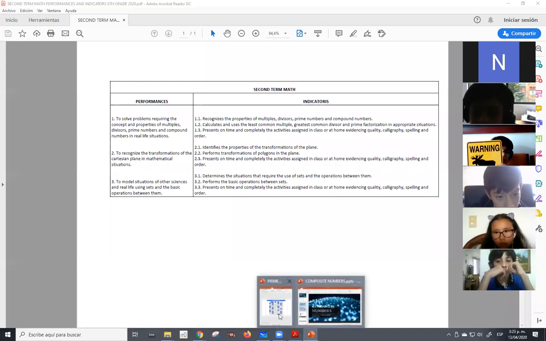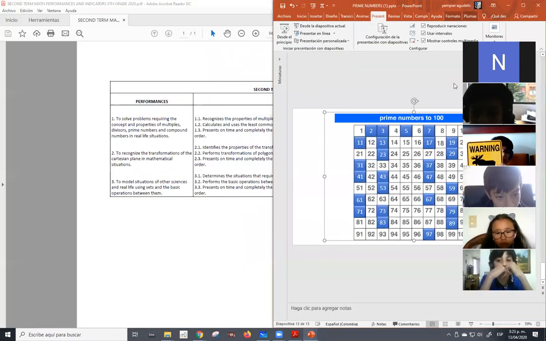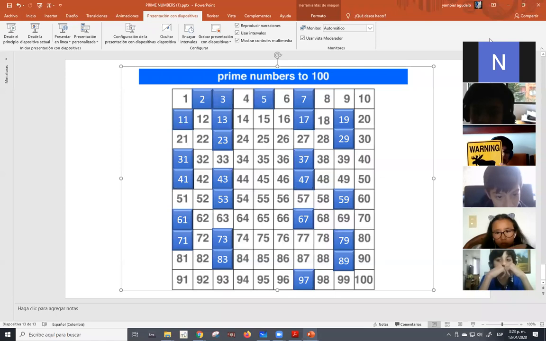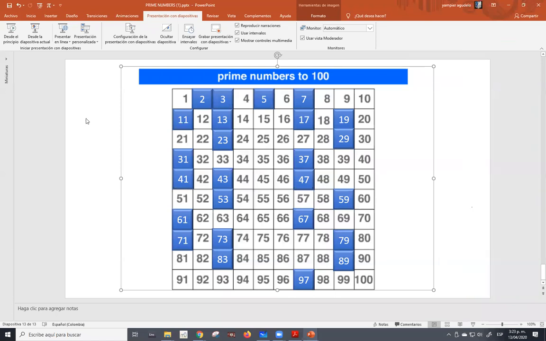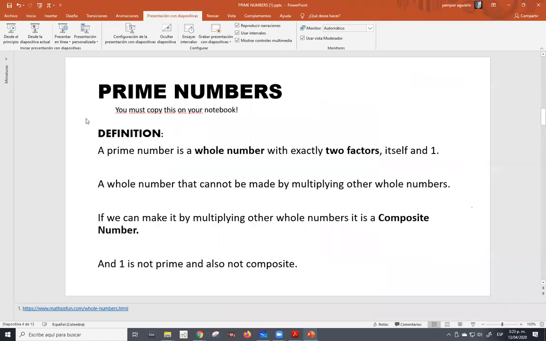We are going to review that because last year we used prime numbers and prime factor decomposition or prime factorization, which is the same thing. We used it in order to find roots, square roots, cubic roots, and other kinds of roots, when the result of the root was a whole number, an integer.